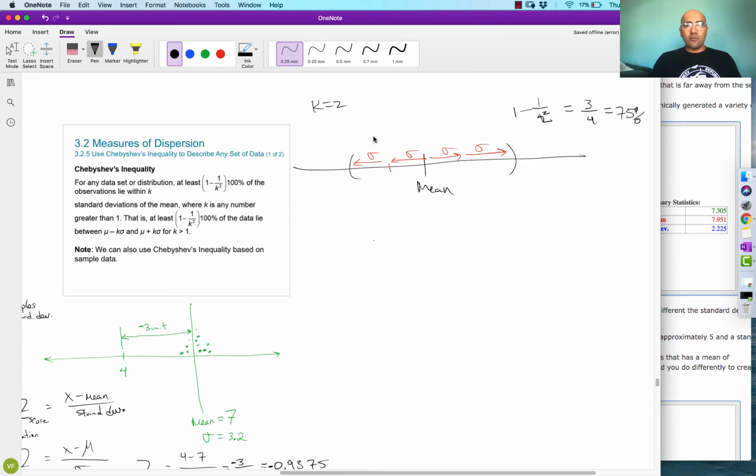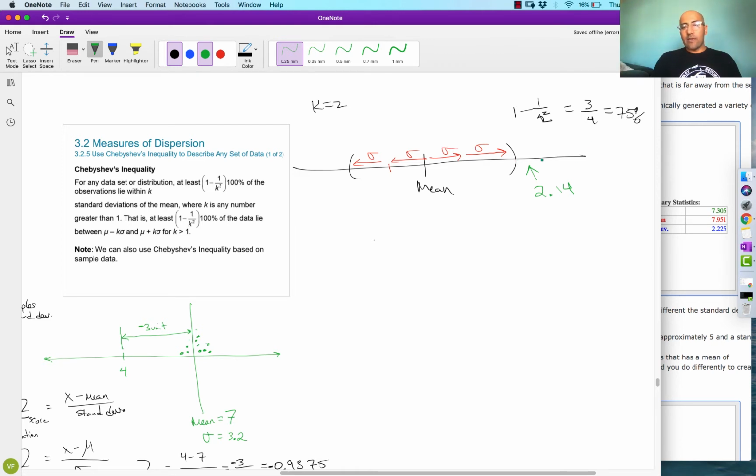So even if the distribution is not bell-shaped, a z-score of 2.14 is still going to be really good. It's a little unusual, right? Most values are within 2 standard deviations, at least 75% of the data.